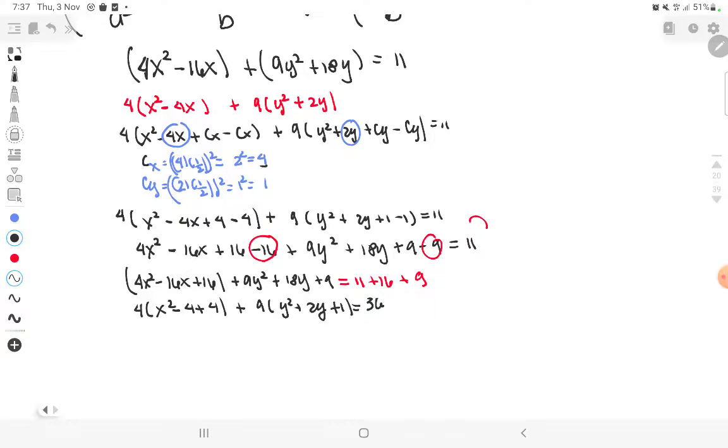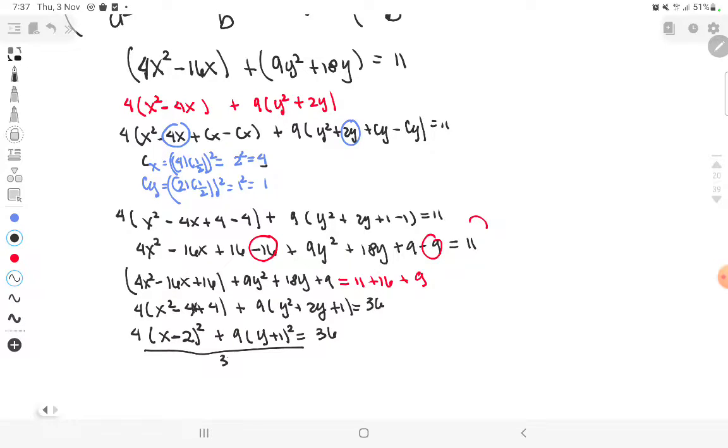Notice that I can factor this as 4 multiplied by (x minus 2) squared plus 9 multiplied by (y plus 1) squared, which is equal to 36.